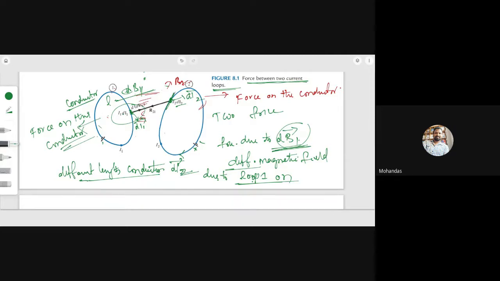So magnetic field undi and conductor undi, and ee conductor lo malli current flow avutundi, I2 current flow avutundi.